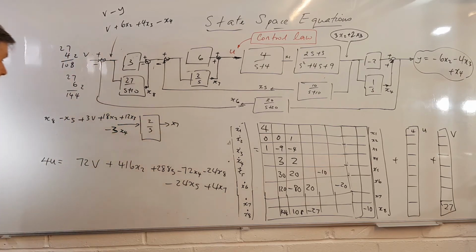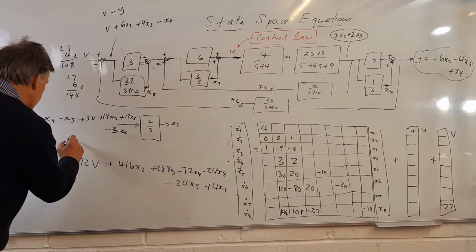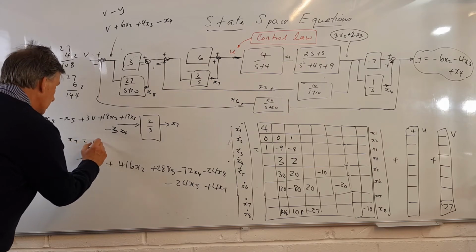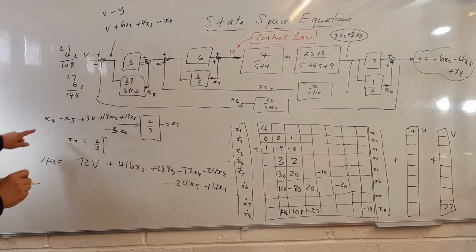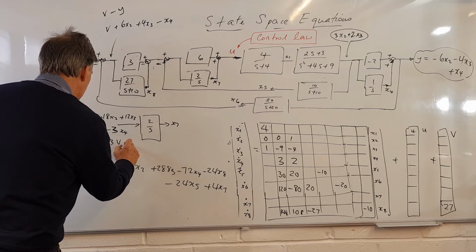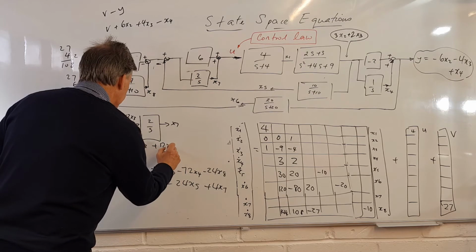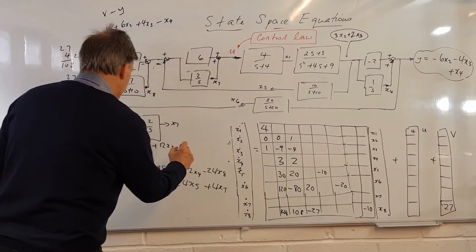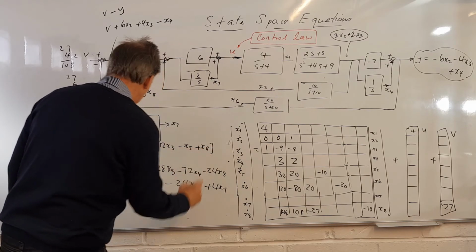So this is a bit more complicated, this one, but because it's a 2 over s term there, it isn't too bad. So this is this times this, so we'll get x7 equals 2 over s multiplied by these terms here. So that would be 3v plus 18x2 plus 12x3 minus x5 plus x8.